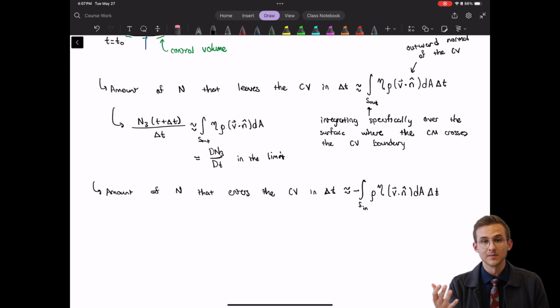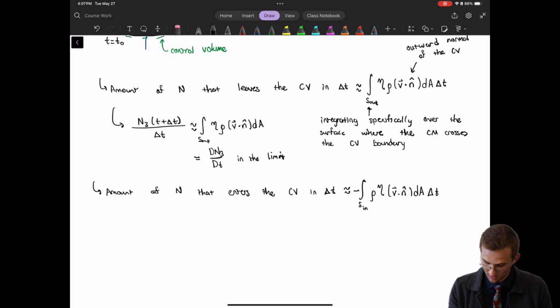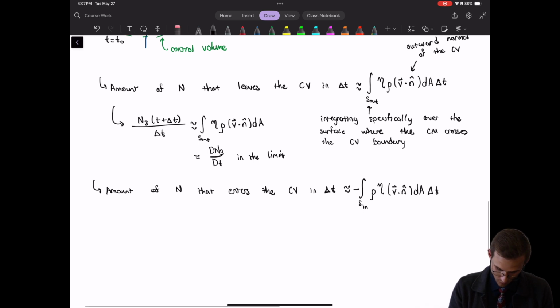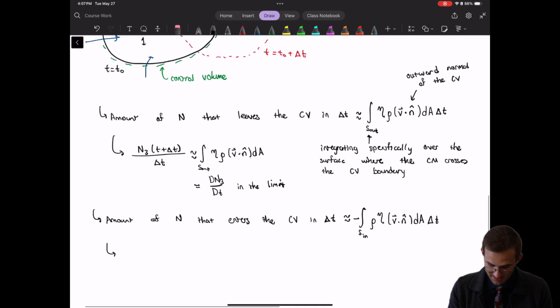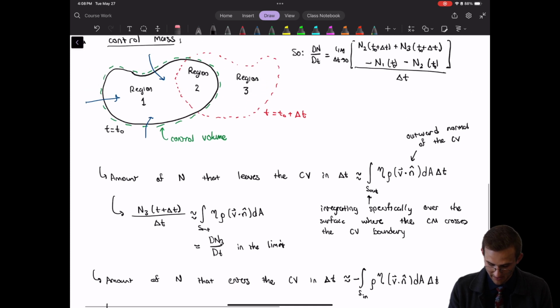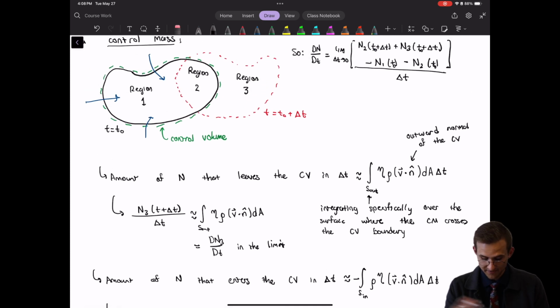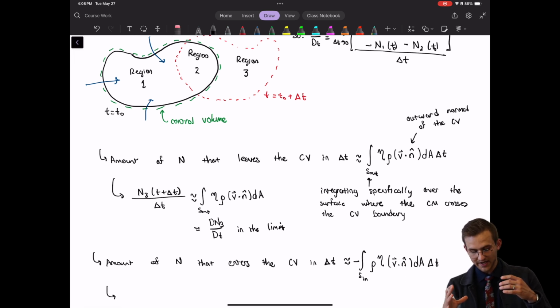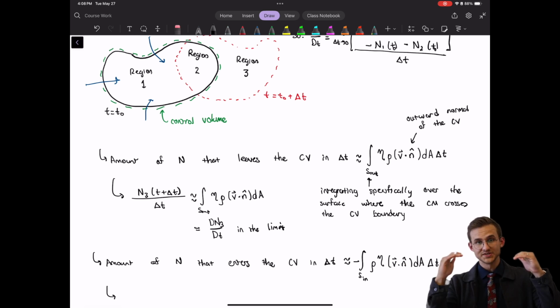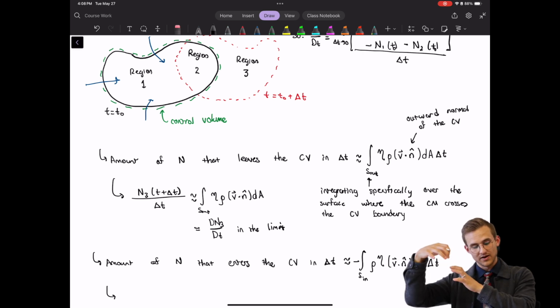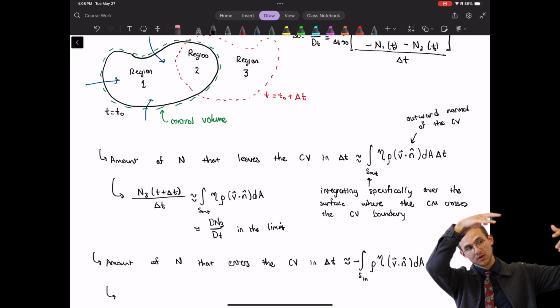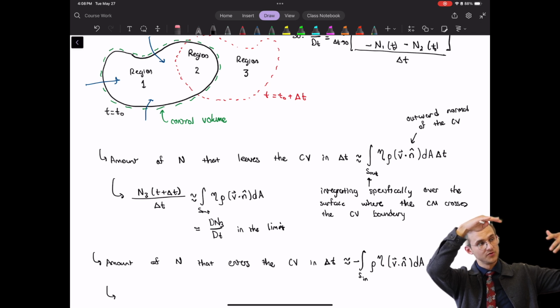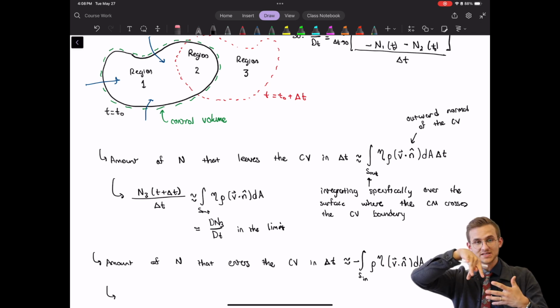And why do we even care about this flow into the control volume over S in? Well, we're talking about the flow that replaces the property n that left region 1. Region 1 was formed by the control mass's initial position, and then that material flowed out into regions 2 and 3, but more fluid was carried into that void.